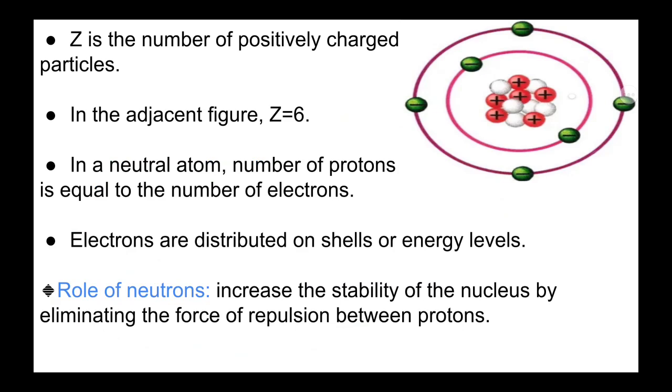Plus and plus repel or reject each other, while plus and minus attract each other. So inside the nucleus, there are only positively charged elements. So to decrease the repulsion between protons, neutrons do this, okay?